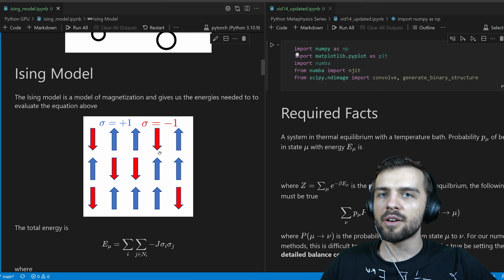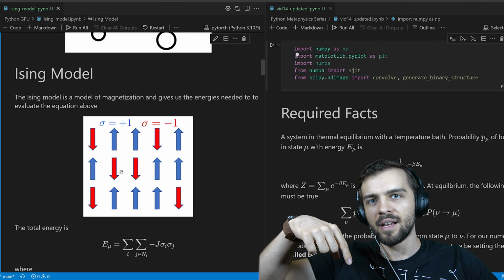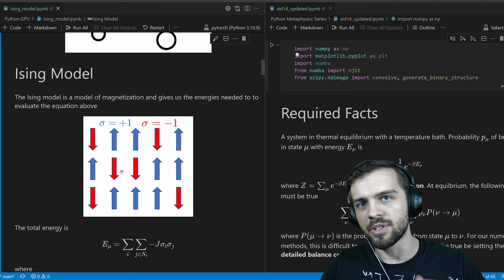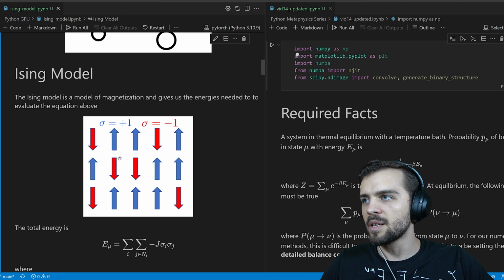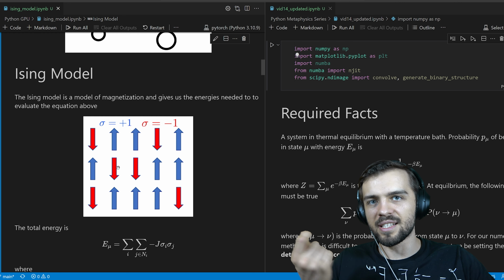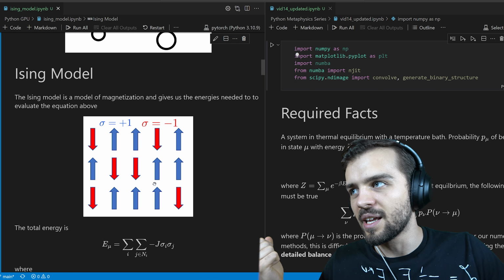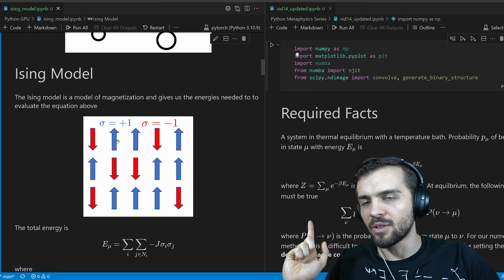For an atom on its own, there's no preferred energy for being up or down; it depends on what's surrounding it. If something is spin down and everything around it is spin up, then that state is of higher energy because it's opposing the direction of everything else. So you can't just look at the individual spins themselves, you have to look at the neighbors.